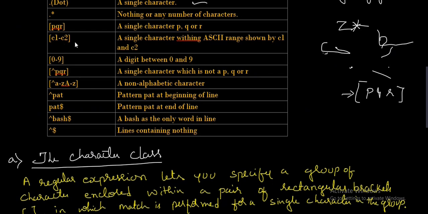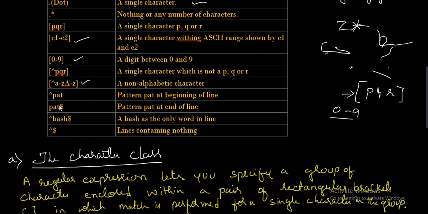Then, as I already explained, 0 to 9 matches the numbers between 0 and 9. This other notation indicates a non-alphabetic character, that means it is not going to match the alphabets, small case a to z and capital letters A to Z. The left out characters are 0 to 9, so it will match only non-alphabetic characters. These are all just examples to show how you can specify the pattern in the grep command.